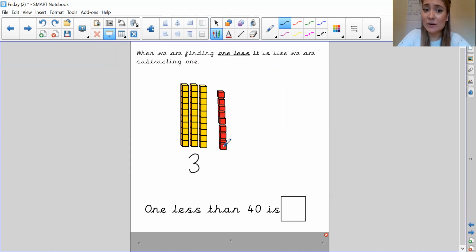How many ones have I got? Should we count? 1, 2, 3, 4, 5, 6, 7, 8, 9. 3 tens and 9 ones is 39. 1 less than 40 is 39. Good.